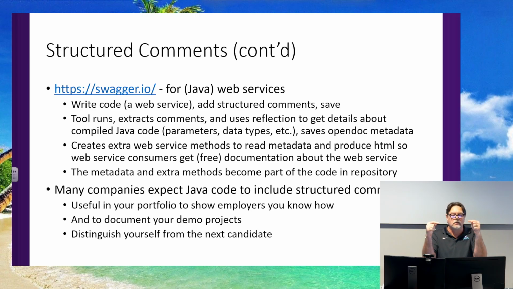Well, Swagger does a similar thing to what Javadoc does, but instead of producing just a folder full of HTML files that who knows what you're going to do with them, or a PDF file if you choose to, it creates a subfolder inside your project itself as part of the build process. So as you're building your code, an extra step is to go build and extract out these structured comments and place them in the folder.